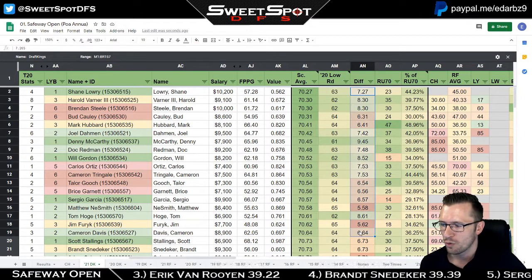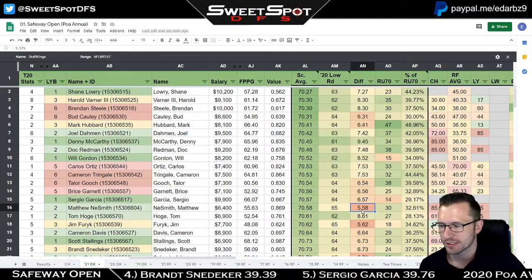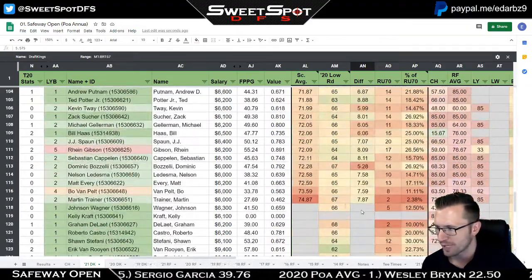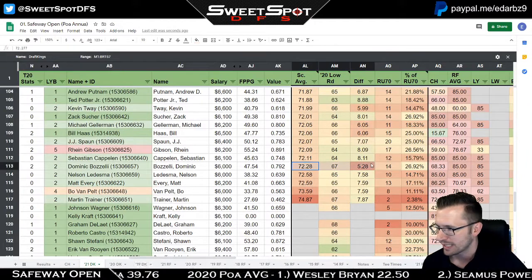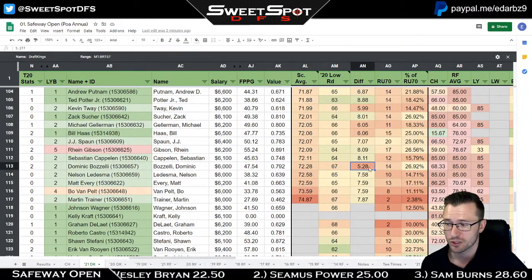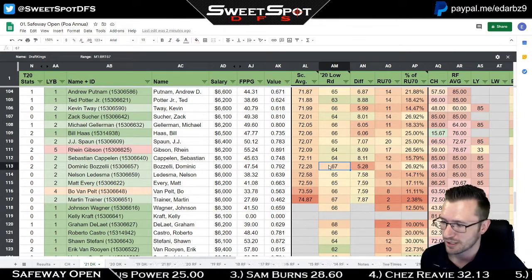I didn't know what to color code this as, so seeing red might scare some of you guys. I think it only should scare you if we go down here and the scoring average is pretty high, like Dominic Bezzelli, 72.28, and the differential is 5.28. His lowest round last year was a 67.